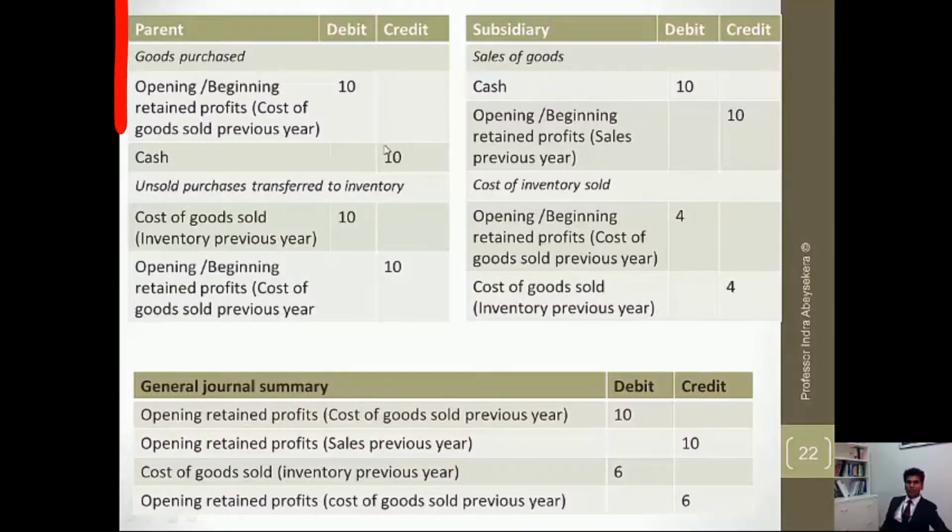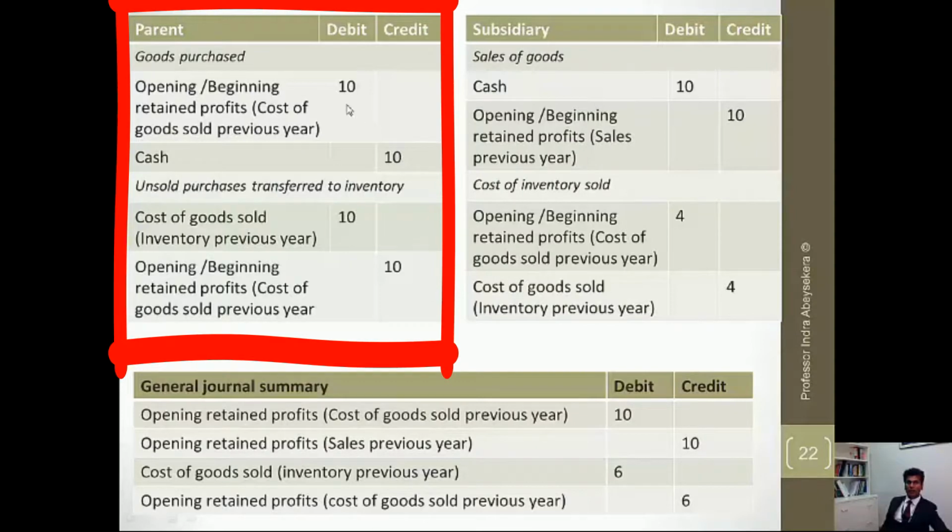Parent paid cash and bought inventory, purchased it. It is now opening retained profits. And then there's inventory. That inventory has now become cost of goods sold.